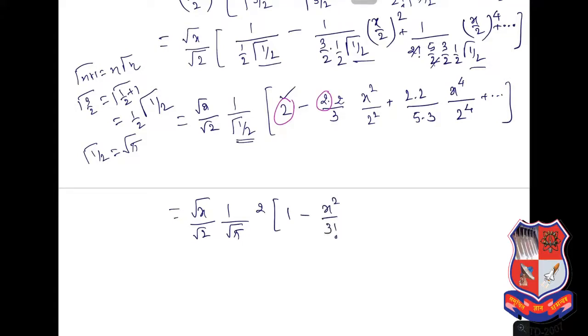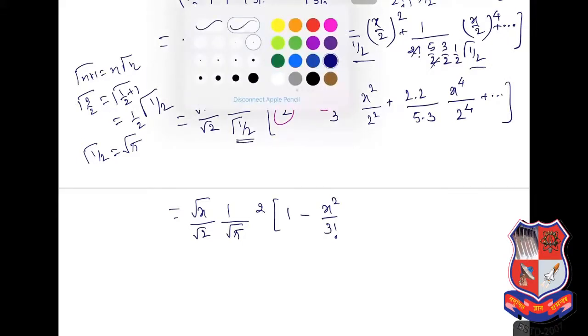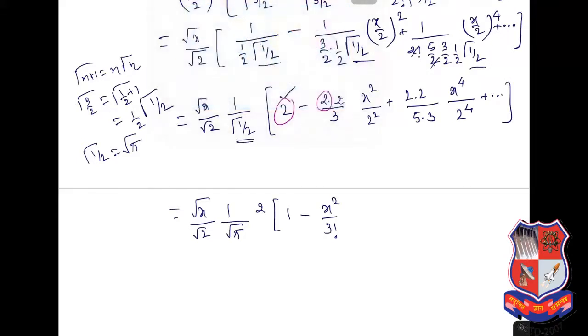So x square upon 3 factorial, because here 1 2 cancel, and so 6, that means 3 factorial.